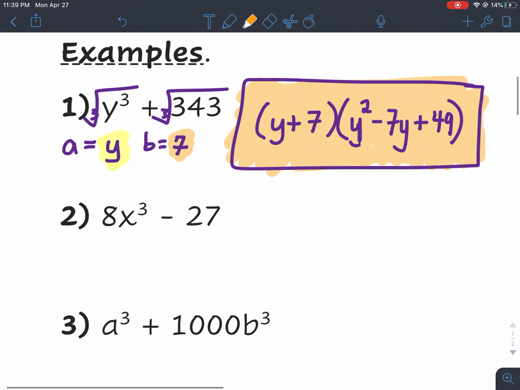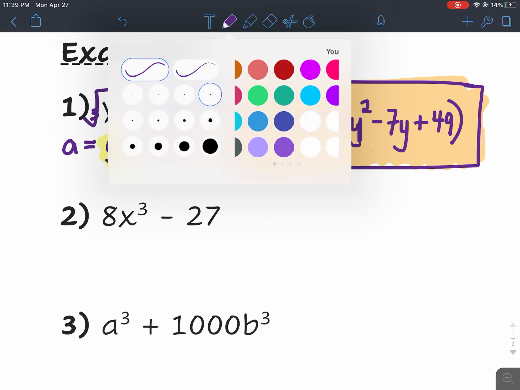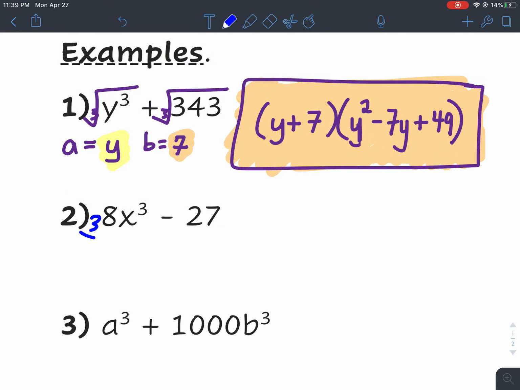Okay, so moving on to the next one here. So we see again we have perfect cubes. 8x cubed is a perfect cube because there's something times something times something that'll be 8x cubed. And same thing with 27. We see it's subtraction. It doesn't matter with cubes if it's addition or subtraction. So first thing we do is we take the cube root of 8x cubed.